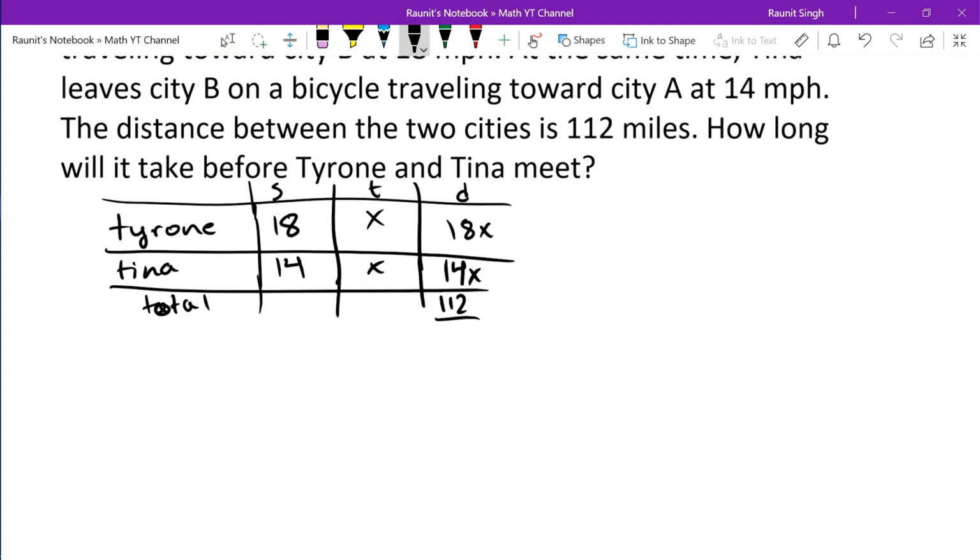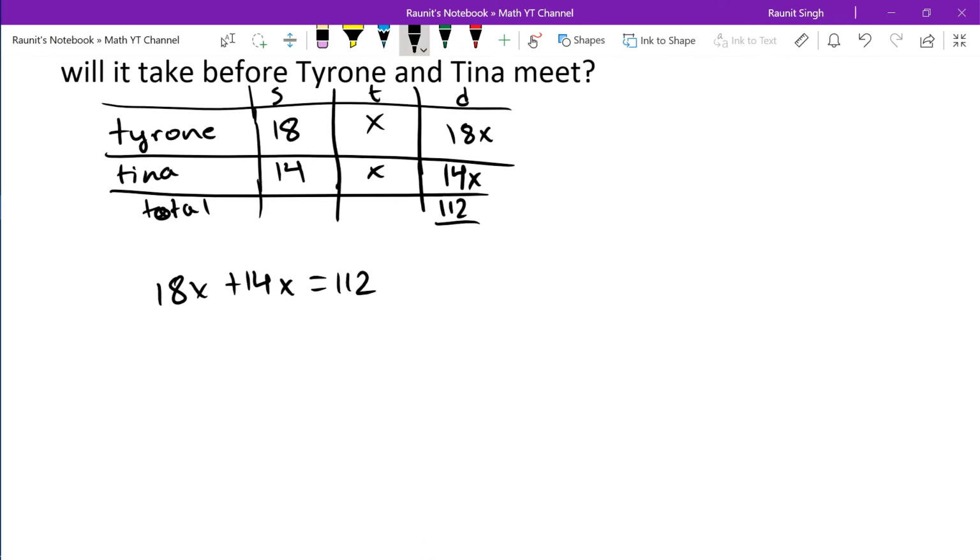So we're going to do 18x plus 14x is equal to 112. We're going to get 32x is equal to 112, and then x is equal to 3.5, which is 112 over 32.